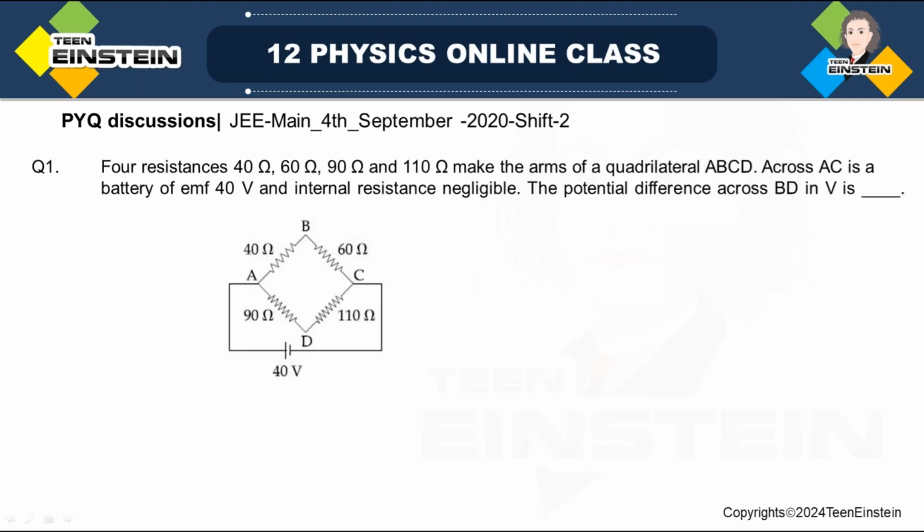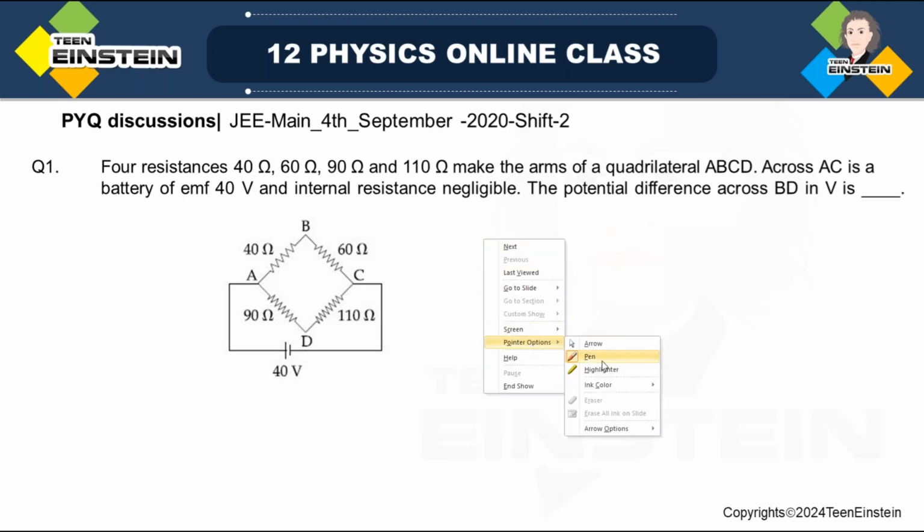So here we have a problem related to Wheatstone Bridge. You can see this is not exactly a Wheatstone Bridge, but the shape of the circuit looks like one. Four resistances, 40 ohm, 60 ohm, 90 ohm and 110 ohm make the arms of a quadrilateral ABCD.